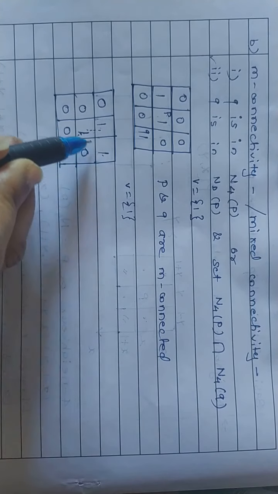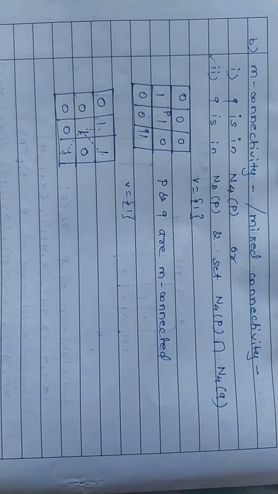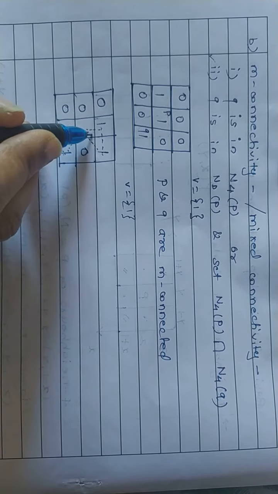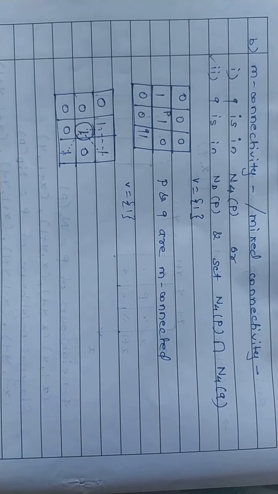Again this pixel and this pixel are also connected, that is, 8 connectivity is present between these two pixels, and these two pixels are also connected. So here these 3 pixels have 8 adjacency or 8 connectivity with the center pixel. Let's consider this is the center pixel.